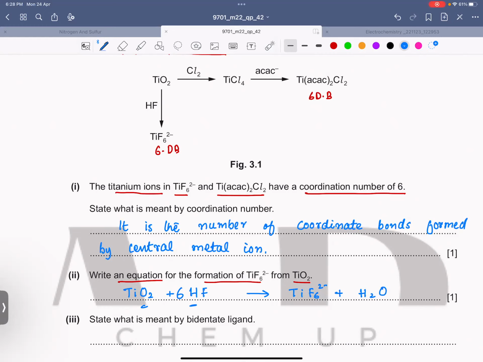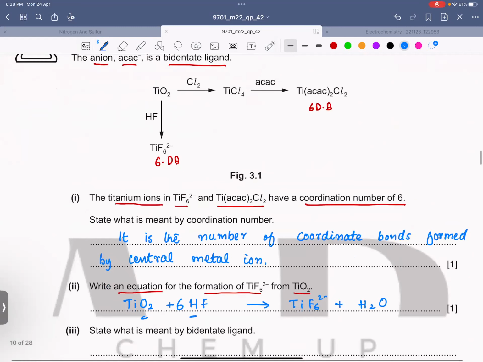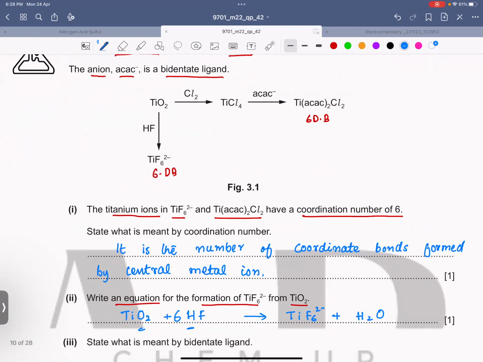There is one more thing that I have to check. Sir, 2H positive will also be there with it.